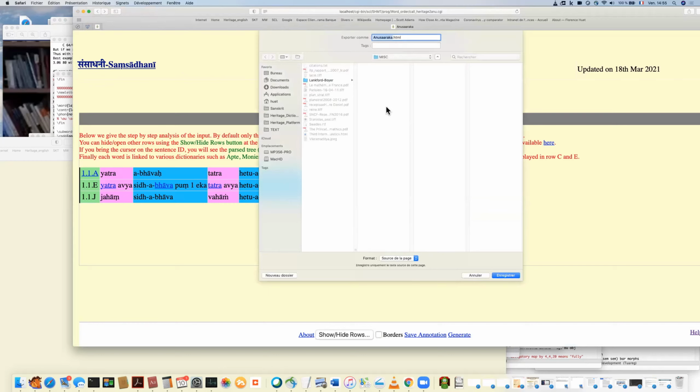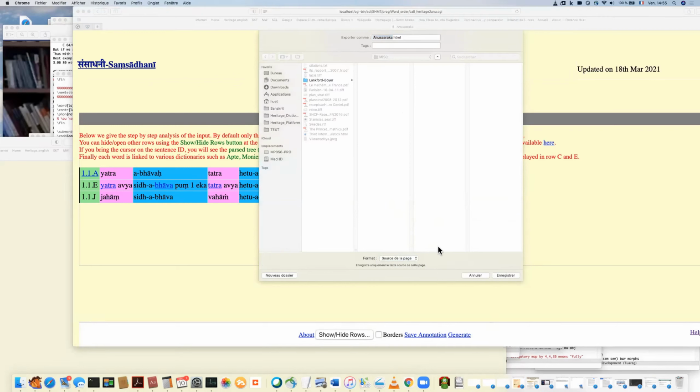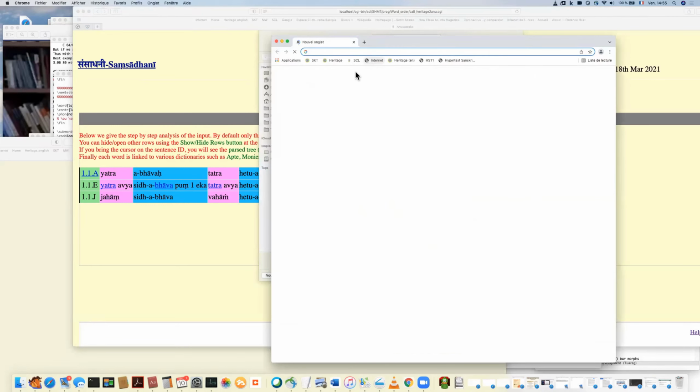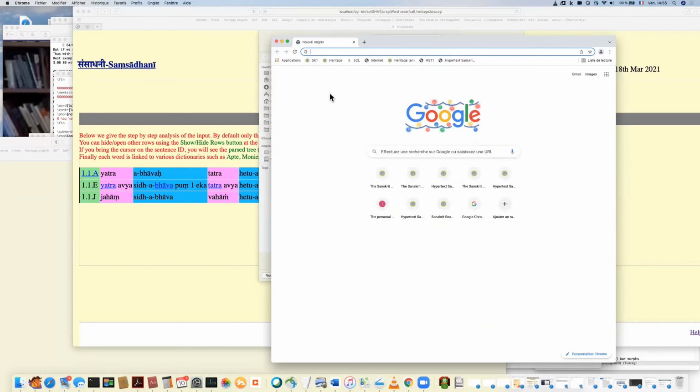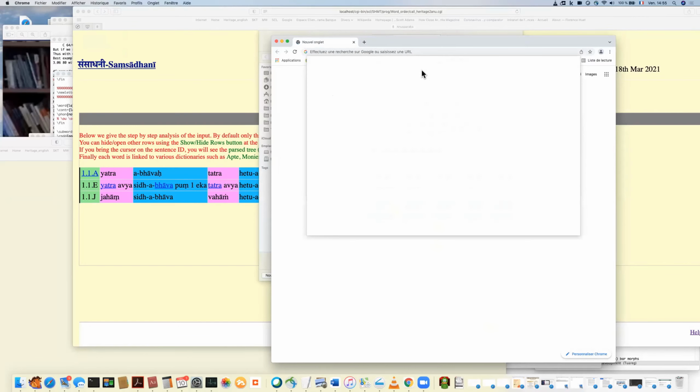Mine proposes HTML as a source of the page. You can store it as a web archive. If you're on Chrome, you have more possibilities, because you can ask, for instance, for printing, and on printing, you can ask to print it in PDF.